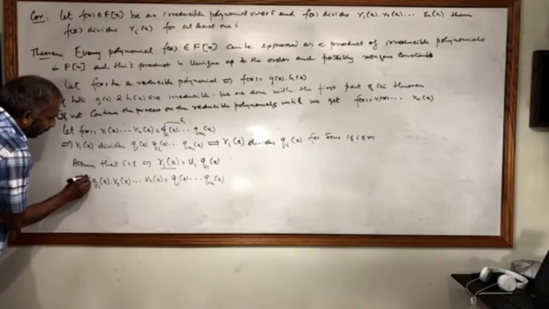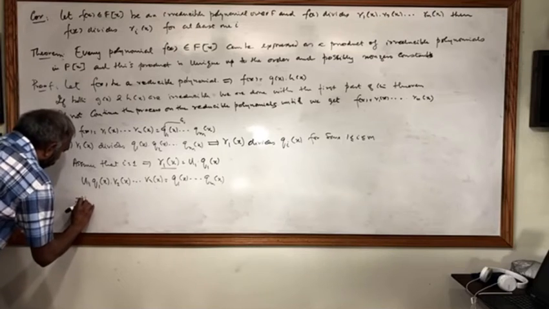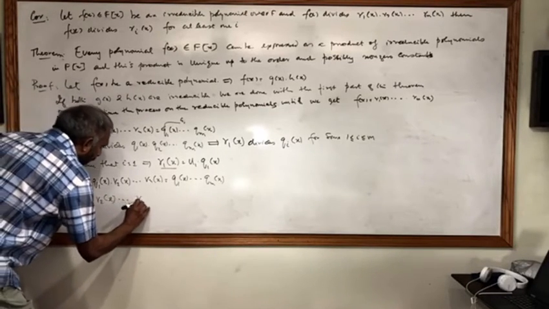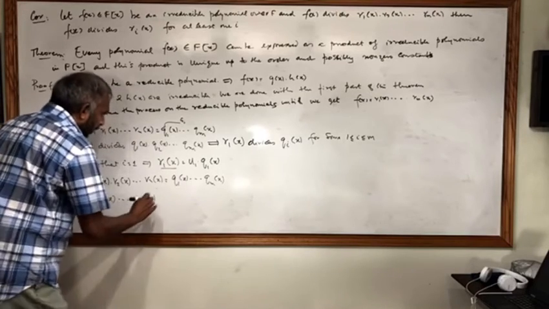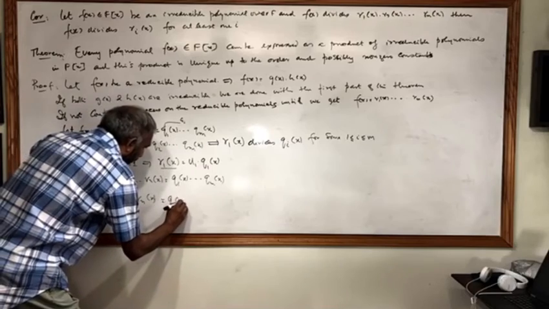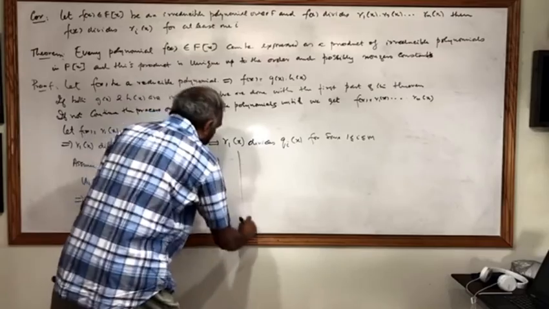Here you cancel out q1 from both sides. So that will be u1 r2 of x ... rn of x is equal to q2 of x ... qm of x.